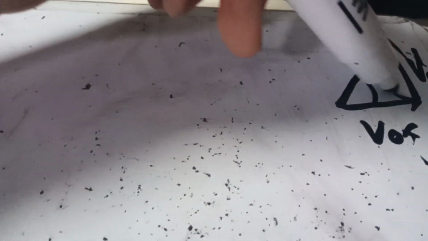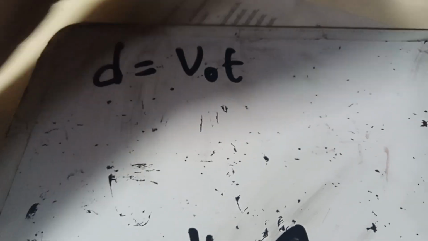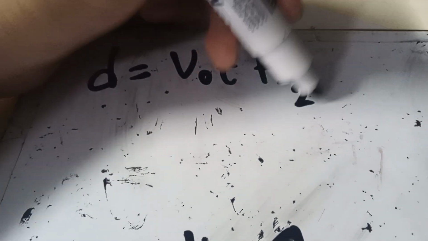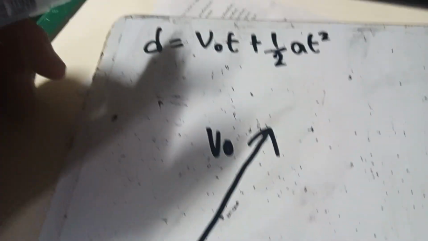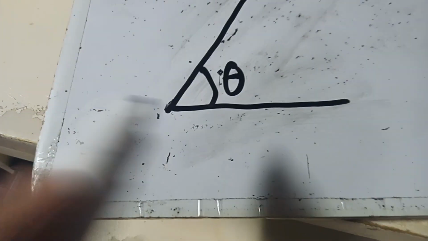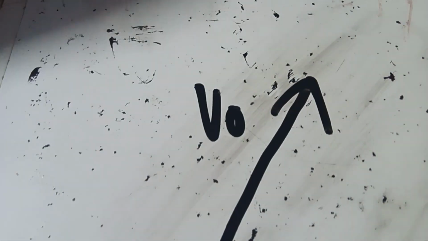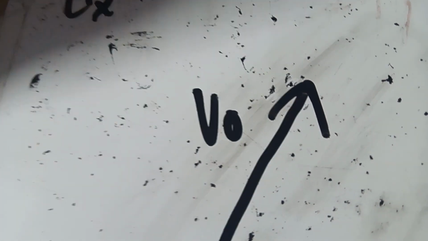So now, given this formula: d is equal to v initial times time plus 1/2 a t squared. If we want to get the distance given the velocity and time horizontally, we have to convert everything in terms of x, so v0x t.